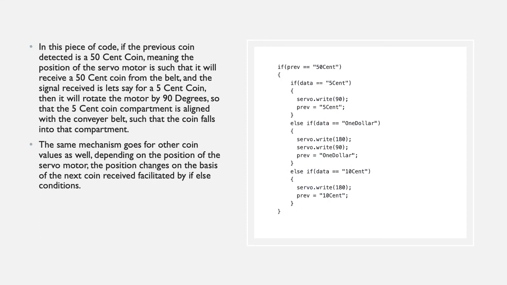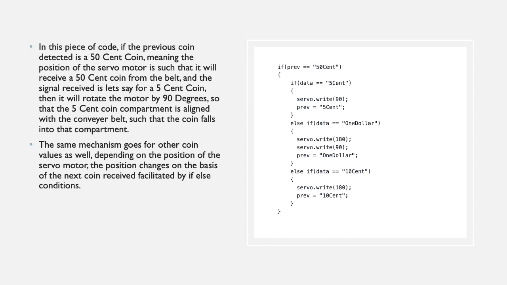If it's in that position and the next coin detected is, let's say, a 5-cent coin, then the servo motor will rotate by 90 degrees so that the 5-cent coin compartment is aligned with the motor, and the 5-cent coin falls into that compartment. The same mechanism goes for other coin values as well.